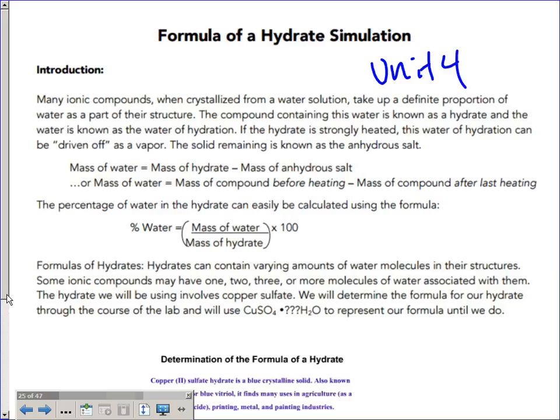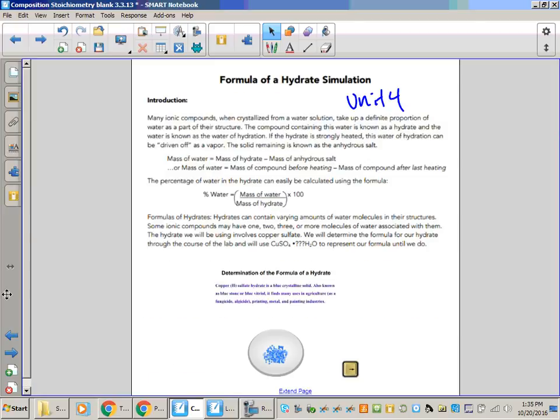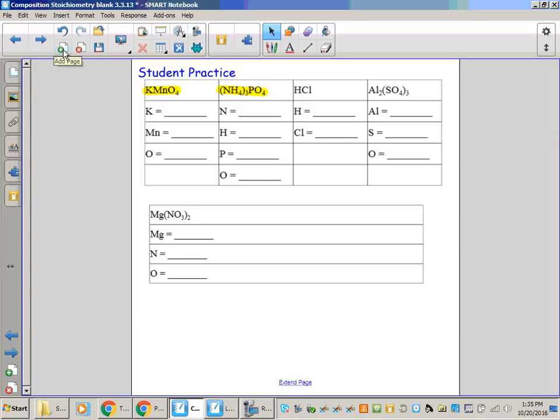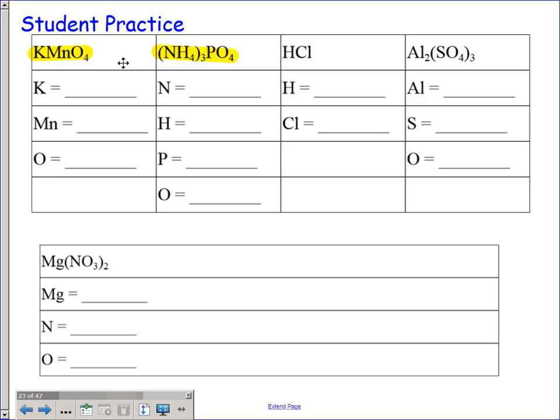So what is the formula for copper 2 sulfate pentahydrate? I'll say that again. Copper 2 sulfate pentahydrate. Talk in your group for a minute.